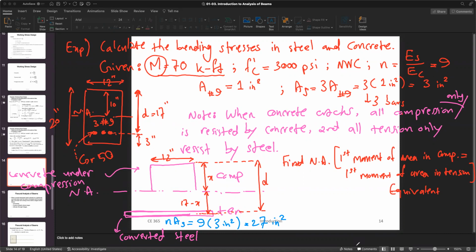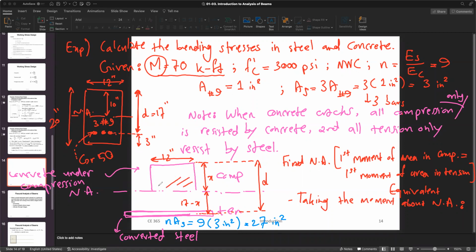So what can we say about it? By taking the moment about the neutral axis. First area moment is very similar to what you read in shear, the term Q. Remember that? How would you find Q?